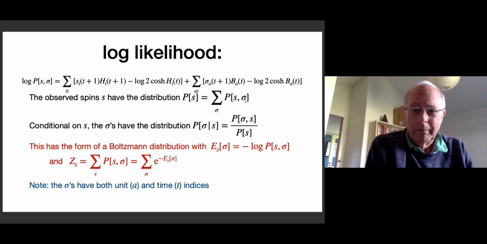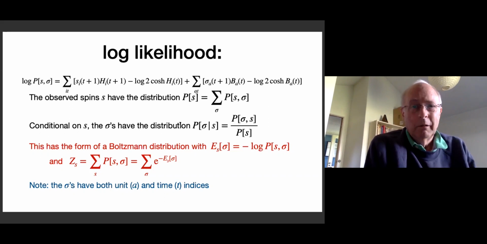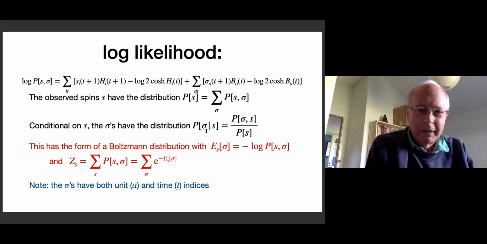Or another way you can say it: the conditional probability of the sigmas given the observations we've made is, from Bayes' rule, just the joint probability divided by the probability of the S's.